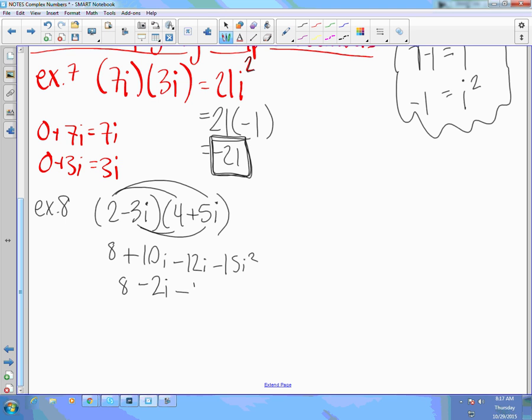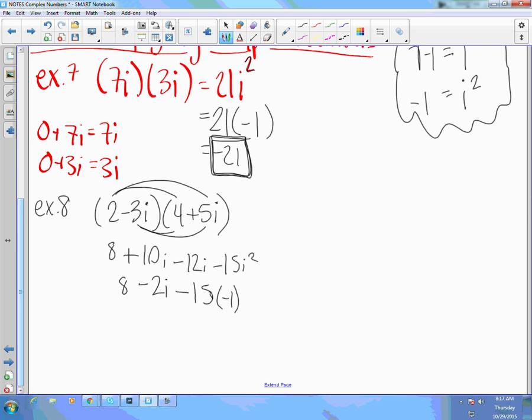Can you explain to us what you're doing on this step? Combine the like terms, the i's. 10i minus 12i is negative 2i. And what are you doing right here? I squared has to be changed to negative 1. You did 2 steps in one line, which is totally fine.